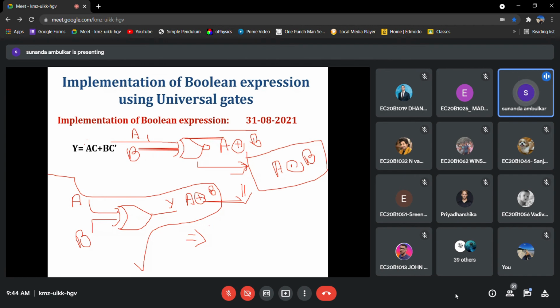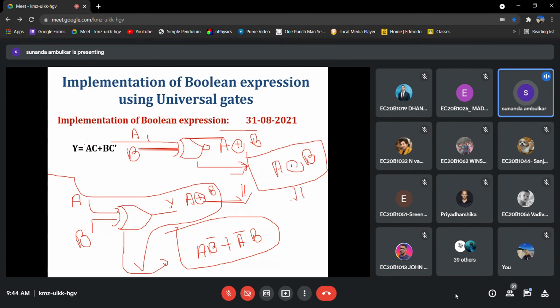So the logical expression, if we try to solve that truth table, will become A B bar plus A bar B. So this is the expression for exclusive OR.